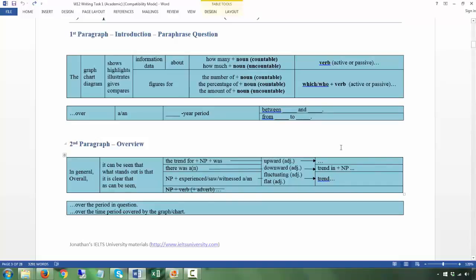So that is your paragraph, your overview.